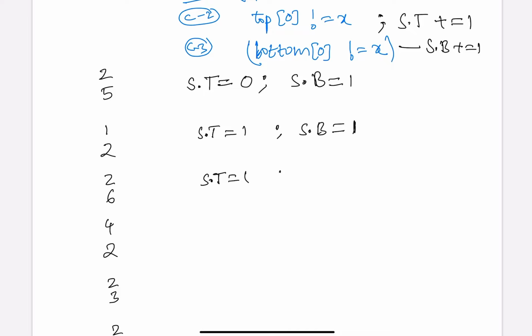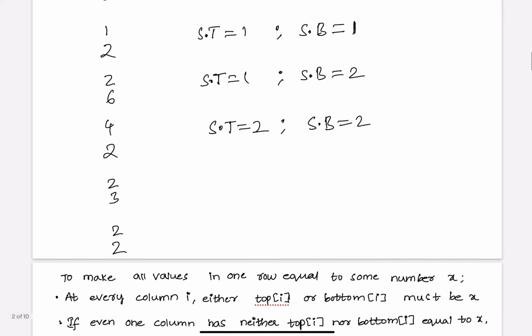And we don't change anything, and here we will change because we have to get 2 into bottom, so we have to change. Similarly here also we change and we don't change here.